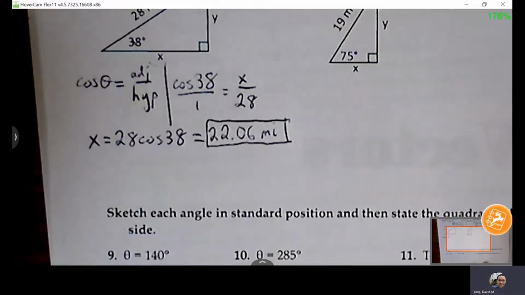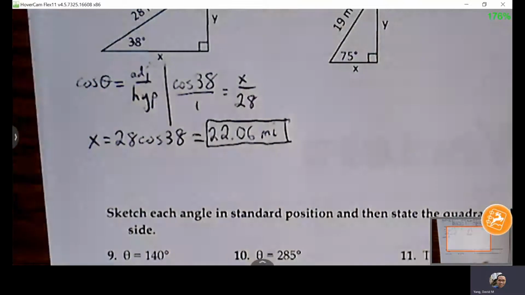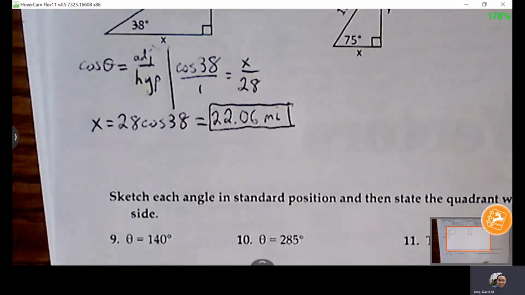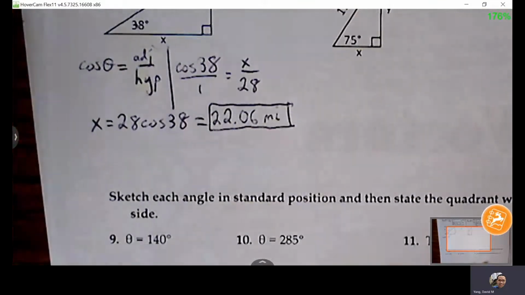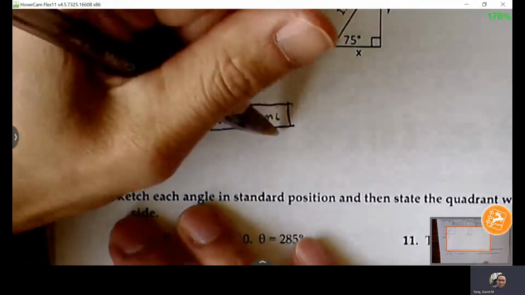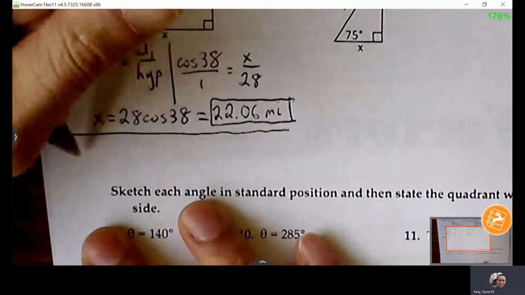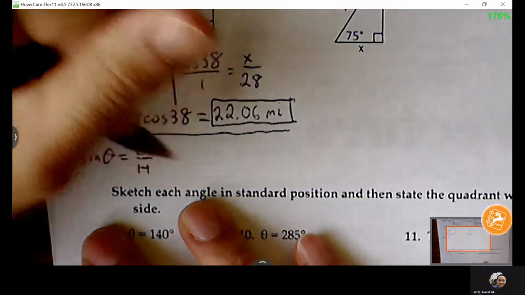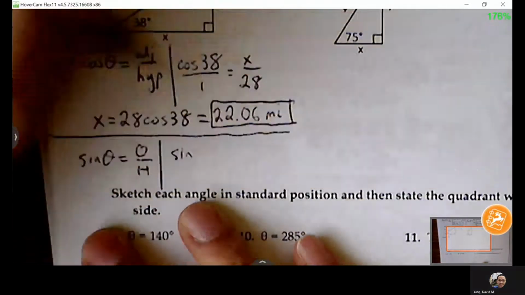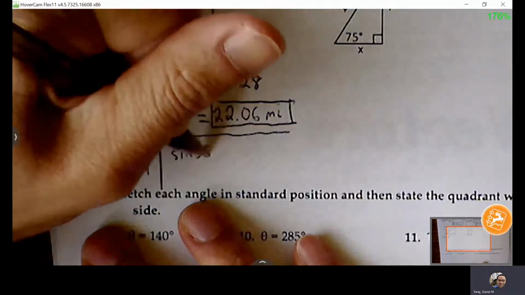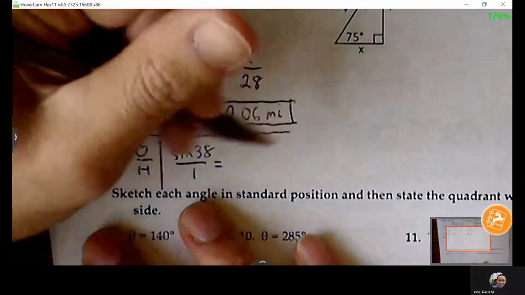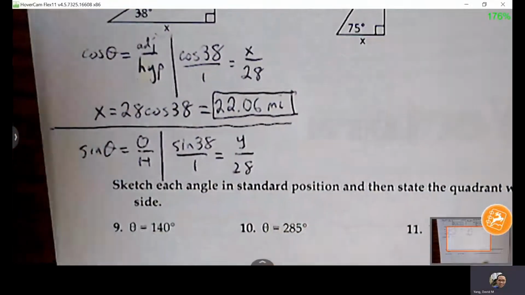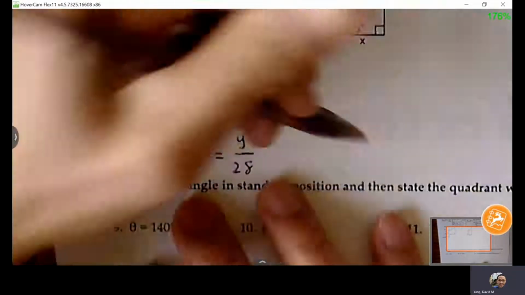Yeah, so for 5 and 6, if you guys can practice using sine and cosine, it's not wrong going through Pythagorean theorem once you get that 3rd side, but just so we can refresh our memory. Okay, cross multiply, y equals.